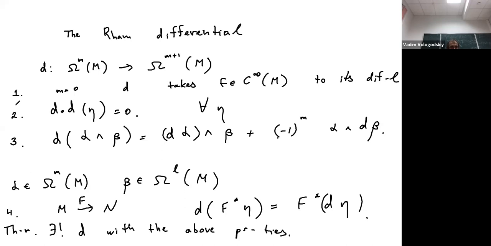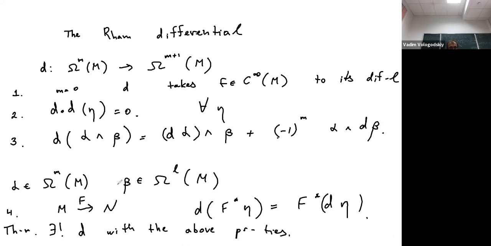So I really need to use 1, 2, 3, and 4. In this sense, d is unique. This is an easy theorem, but it's extremely important. Before I give a proof, let me give you an example of how you use properties 1, 2, 3, and 4 to compute the Duran differential.